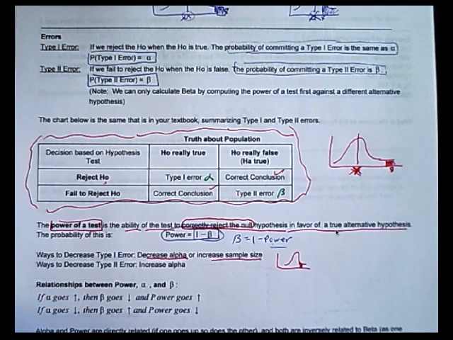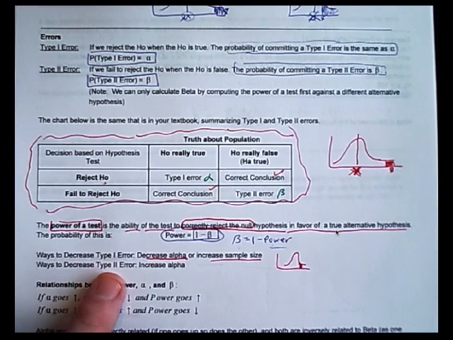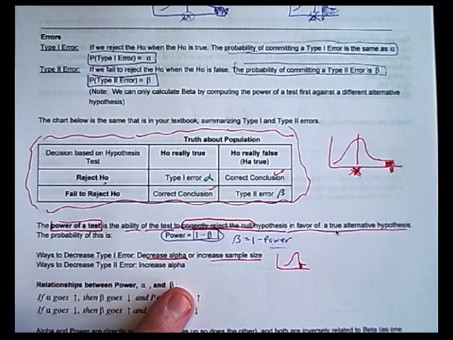Or any X-bar you got, assuming it's close to the center, would have more area, which would make you less likely to reject. Ways to decrease type 2 error: increase alpha.